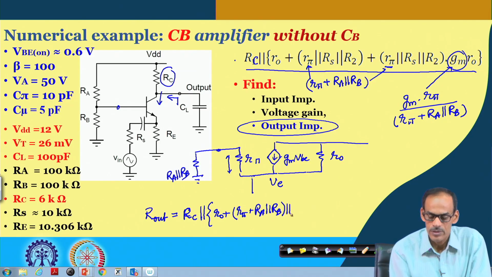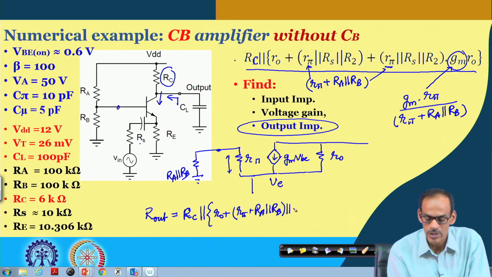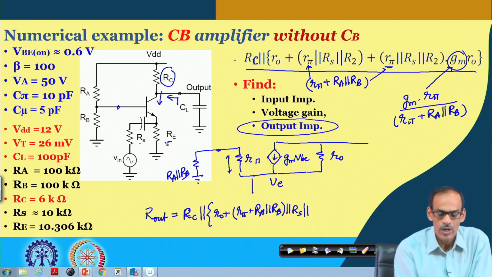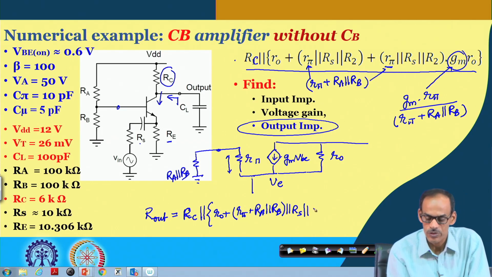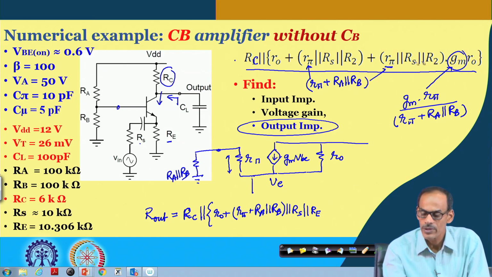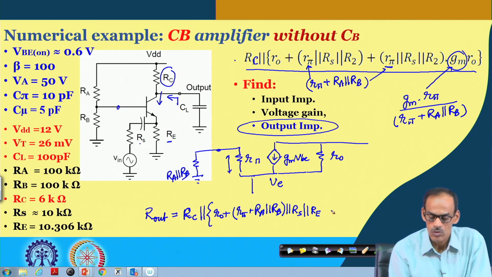In parallel with, in case you have a source resistance, we have to consider Rs. Then in case you have an emitter resistor, basically Re, that also you have to consider. So, let me write that here.